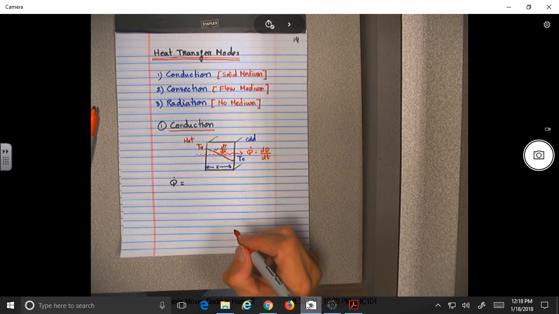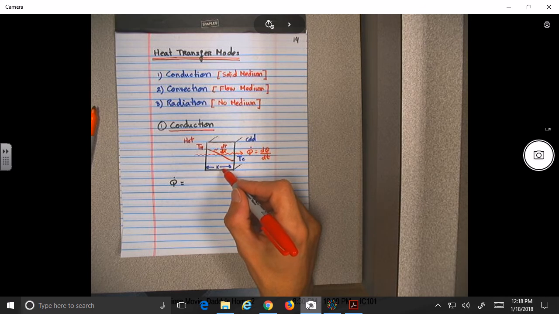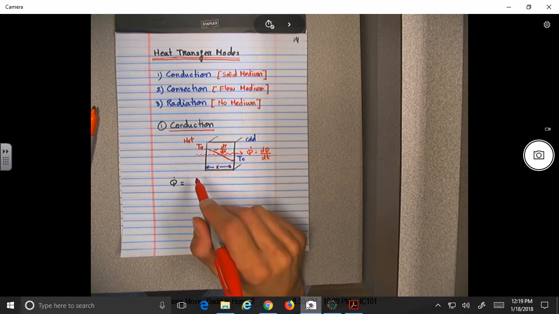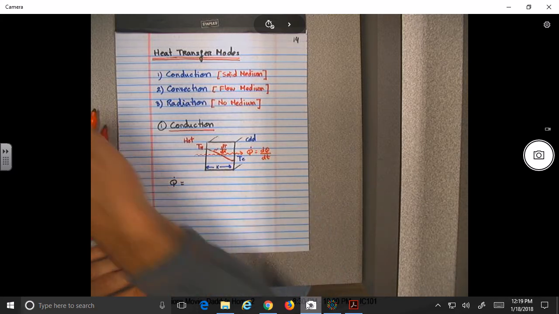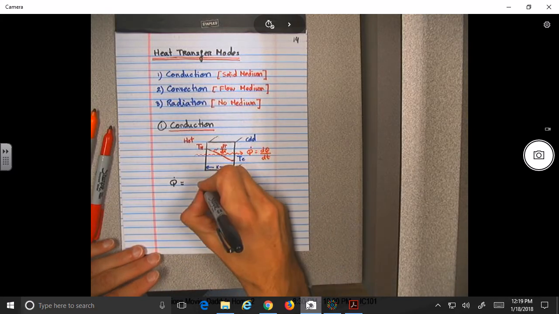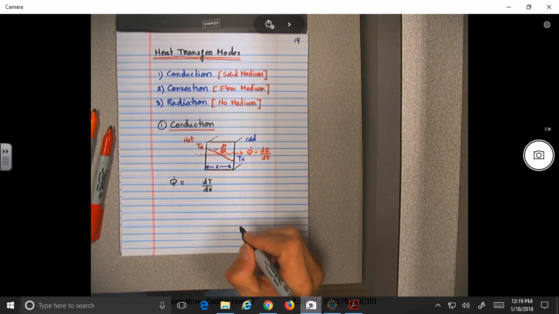What would dT/dx really be? Would it be T hot minus T cold divided by x, no? What would be the angle, correct? Okay, I don't have space to write all that stuff. So, basically, the heat should be proportional to dT/dx.